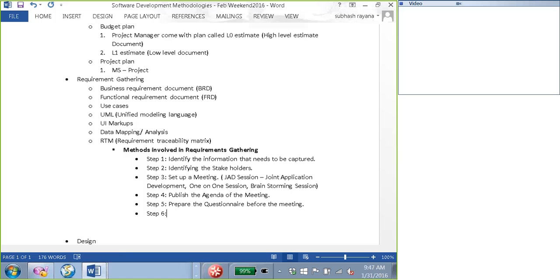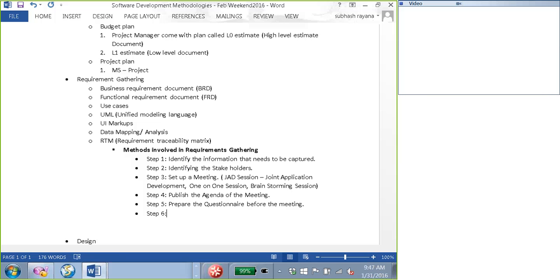If somebody is giving you an answer, you should have your own shorthand skills to summarize it quickly. These are notes for yourself. You may not be able to write out the whole answer, but at least have some summary of what exactly the question was and what the answer was. And remember, it is very, very important that you capture every piece of information that is coming to you.